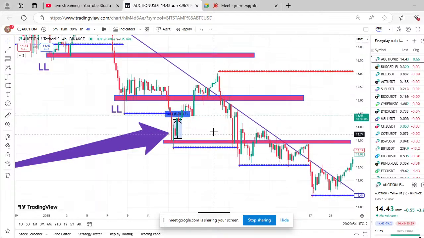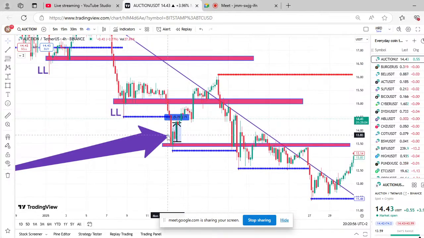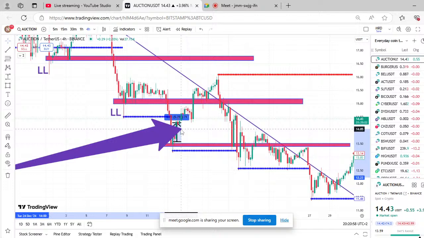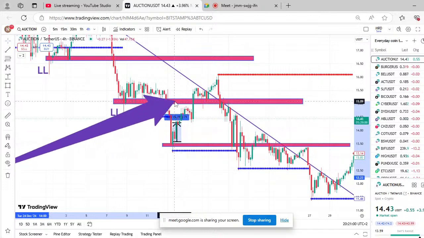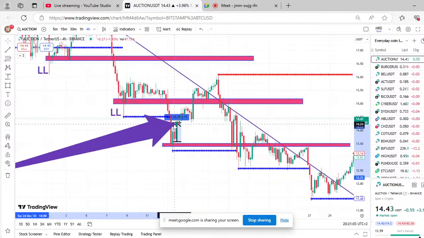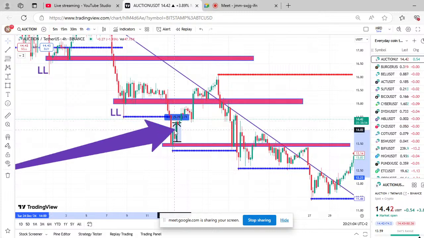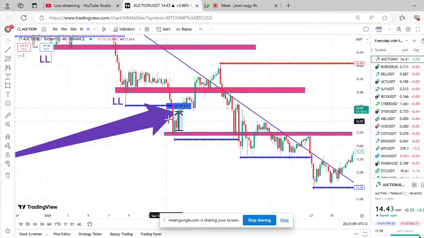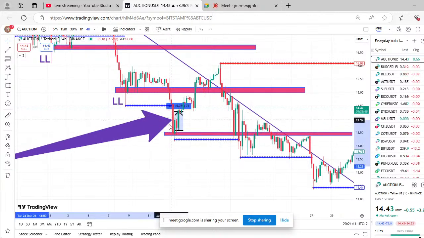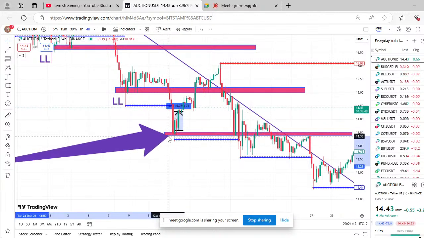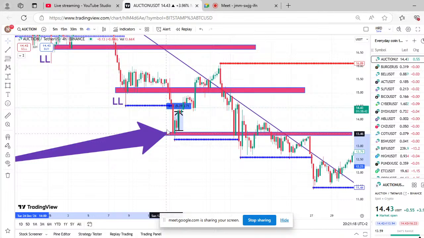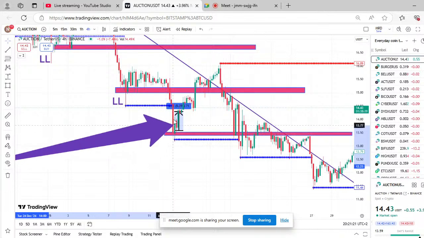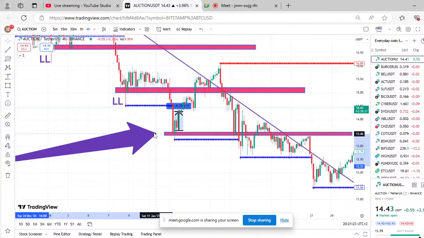Okay, so now after confirming here, we are entering the market. The target was supposed to be here, but we decided to take 5% and get out from the market. Automatically after taking our percentage, we said that we should always draw this line as well at the end, mostly at where the red candle closed from.